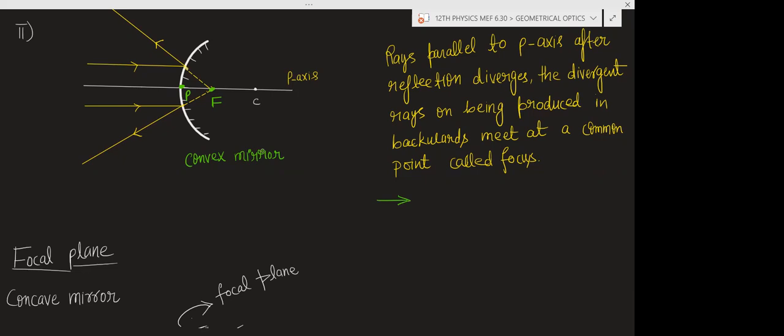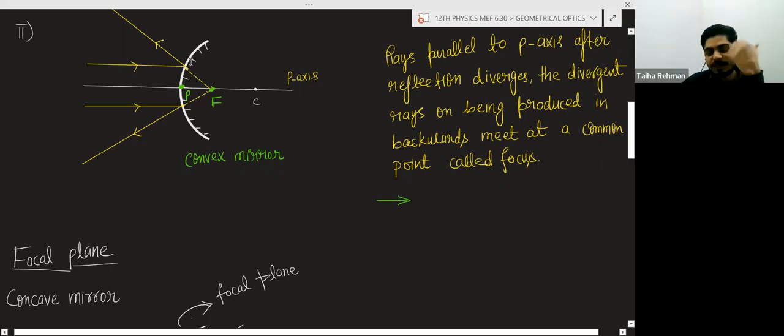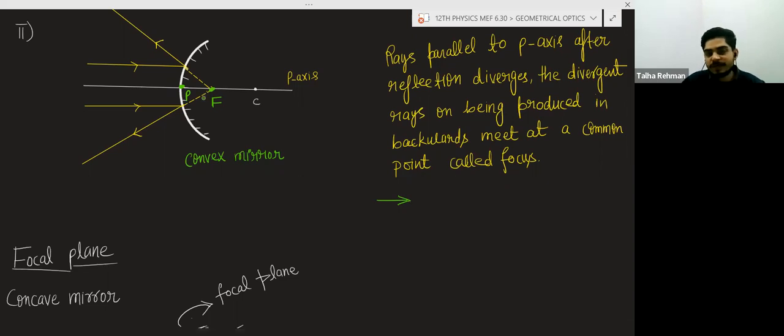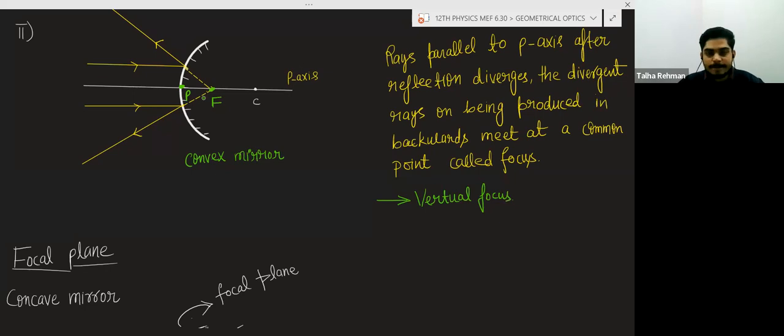Why? Because it's behind the mirror. You are right, you can say that it is behind the mirror or inside the mirror, or you can say that these rays are not actually meeting. So that is why this has a virtual focus.